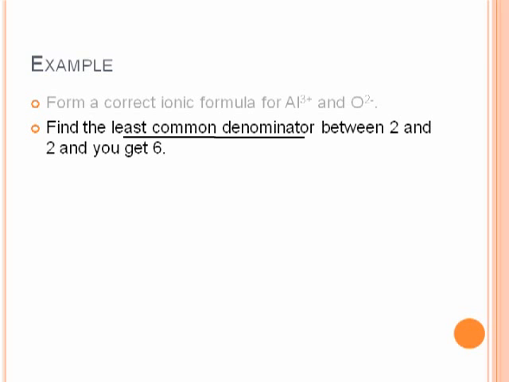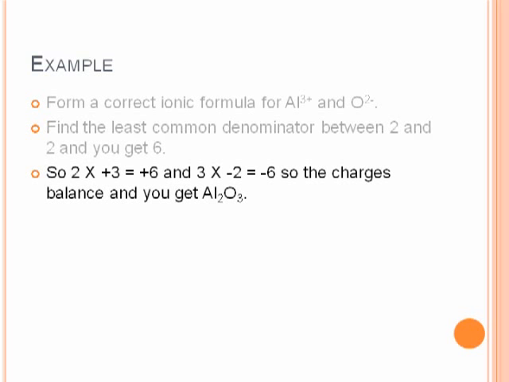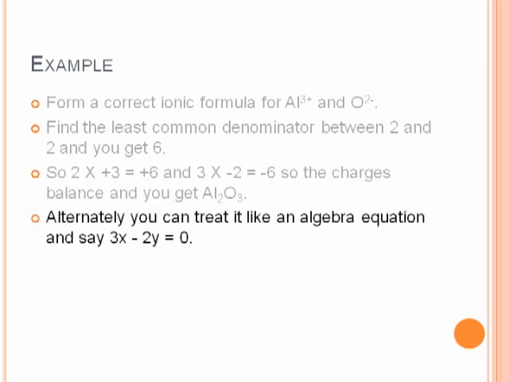In this case, 2 and 3 go into 6 evenly because they don't divide into each other. So 2 times 3 is 6, and 3 times 2 is 6. So I need 2 aluminums to get to 6, and I need 3 oxides to get to 6. So my formula is Al2O3. And that correctly balances the charge, and that's the smallest set of whole numbers possible.